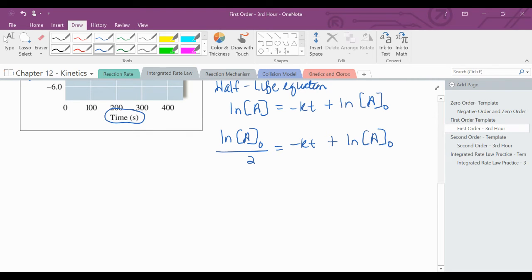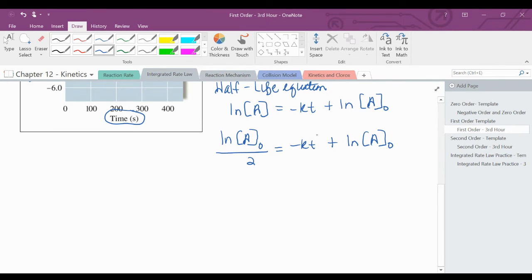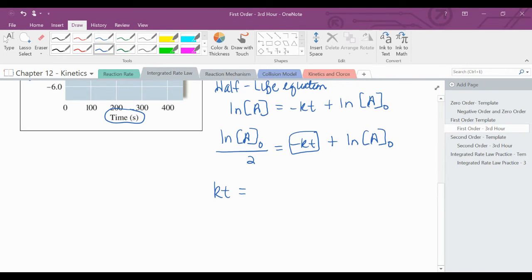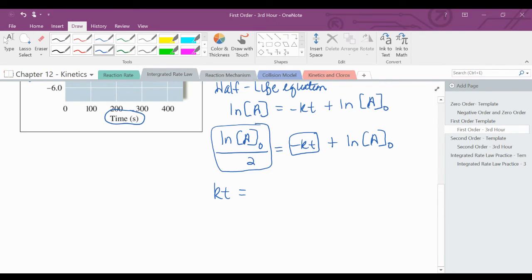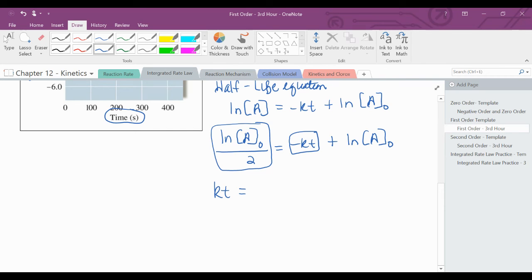And again, I'm going to move this kt to the other side so that it's positive. All right. And I'm going to move this natural log of A initial over 2 to the other side.